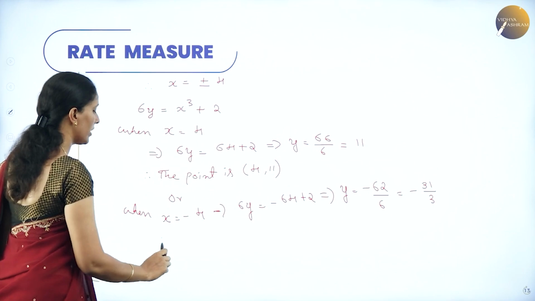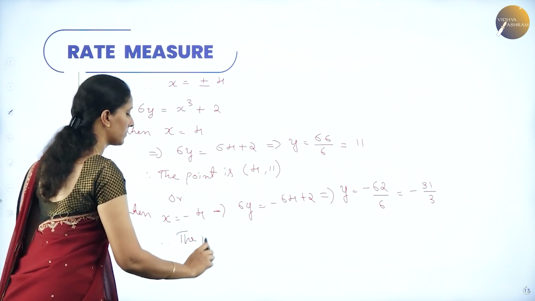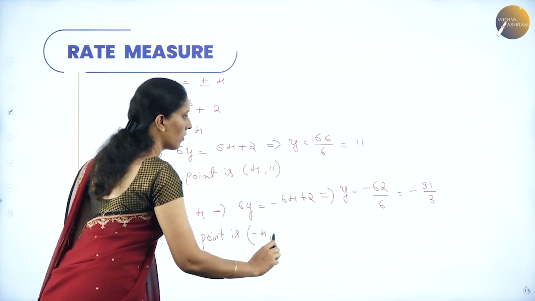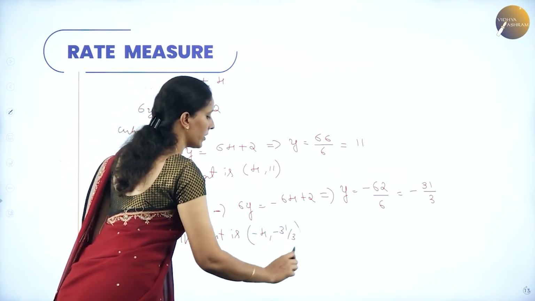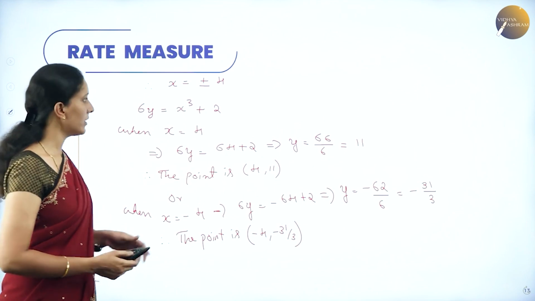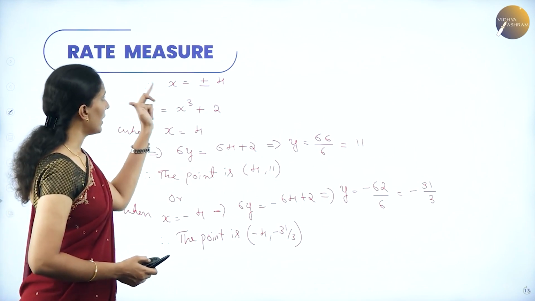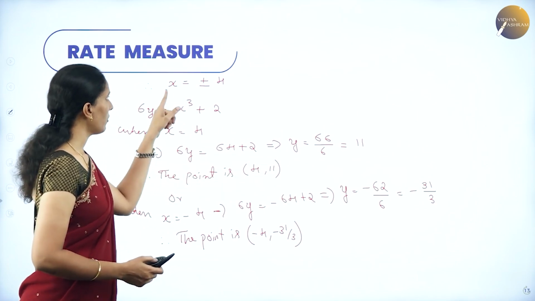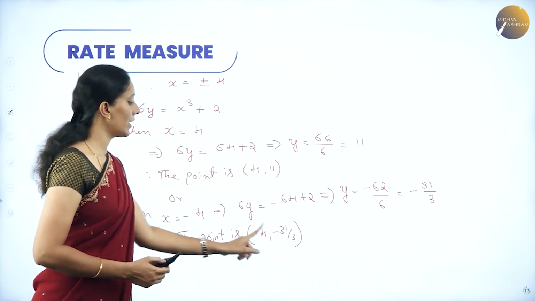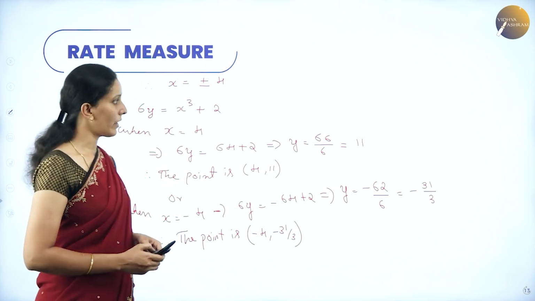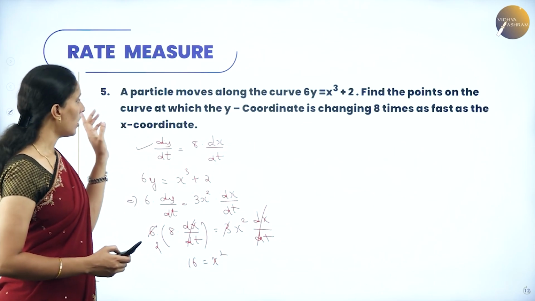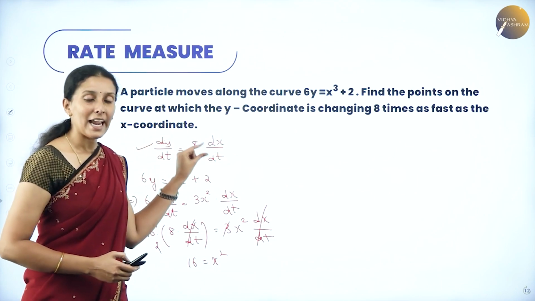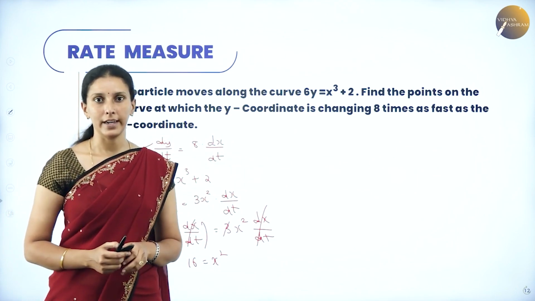So therefore the point here is minus 4, minus 31 by 3. So these are the 2 points. So considering x is equal to plus 4, you will get y is equal to 11. When you consider x is equal to minus 4, you will get y as minus 31 by 3. So these are the points at which the y coordinate is 8 times the x coordinate.